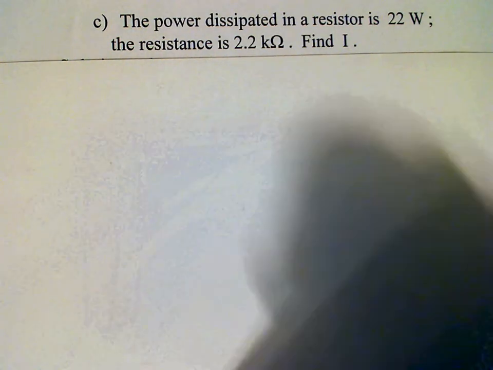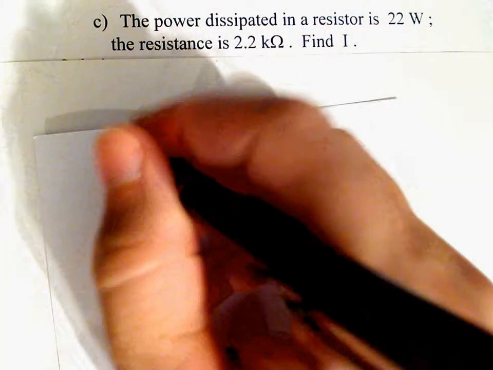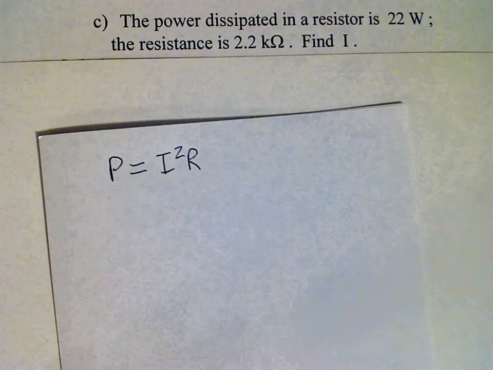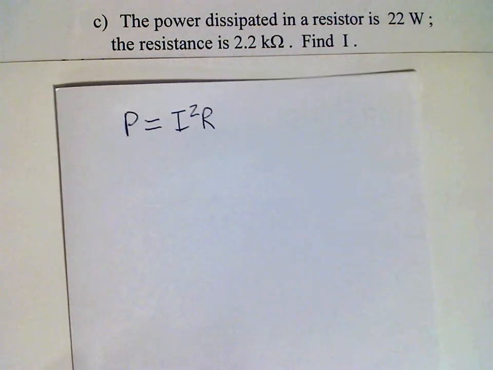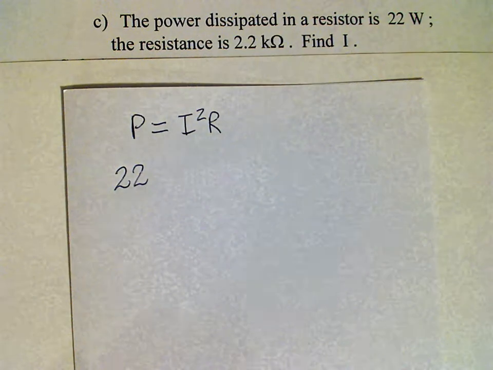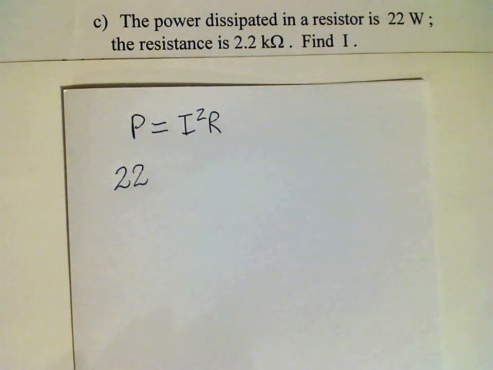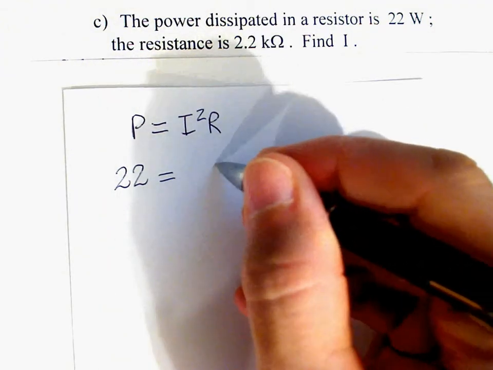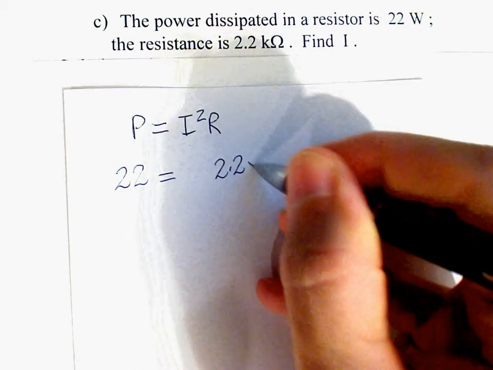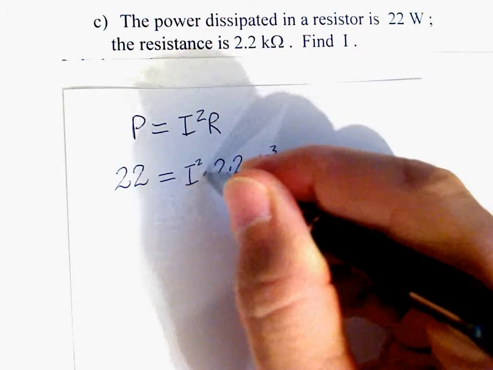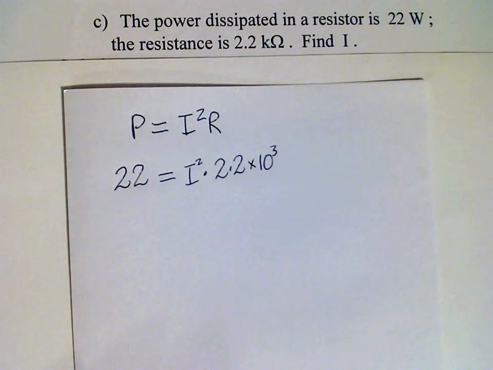I still have the same formula, P equals I squared R, but this time, instead of needing to find the power, I'm given the power, so I fill in 22 for that, and 2.2 kiloohms, so 2.2 times 10 to the third for my R. My current is unknown, isn't it? So I have I squared times 2.2 times 10 to the third.